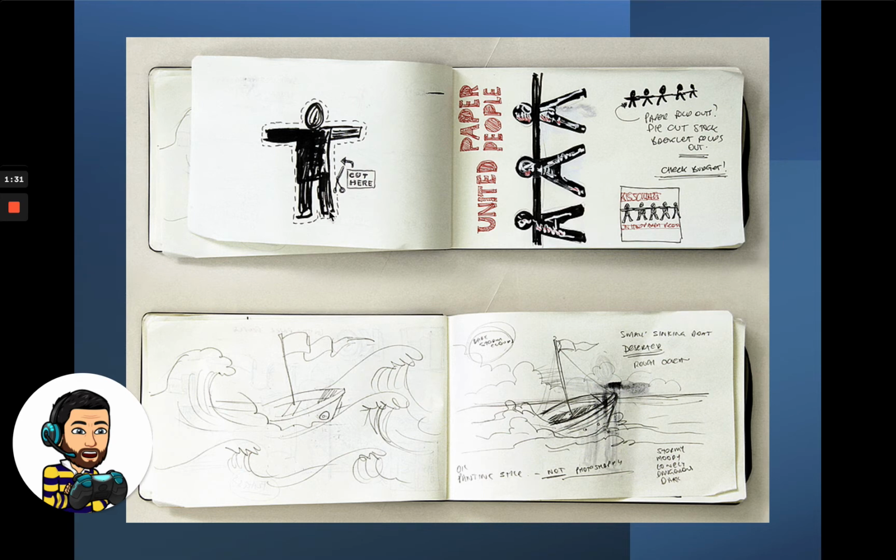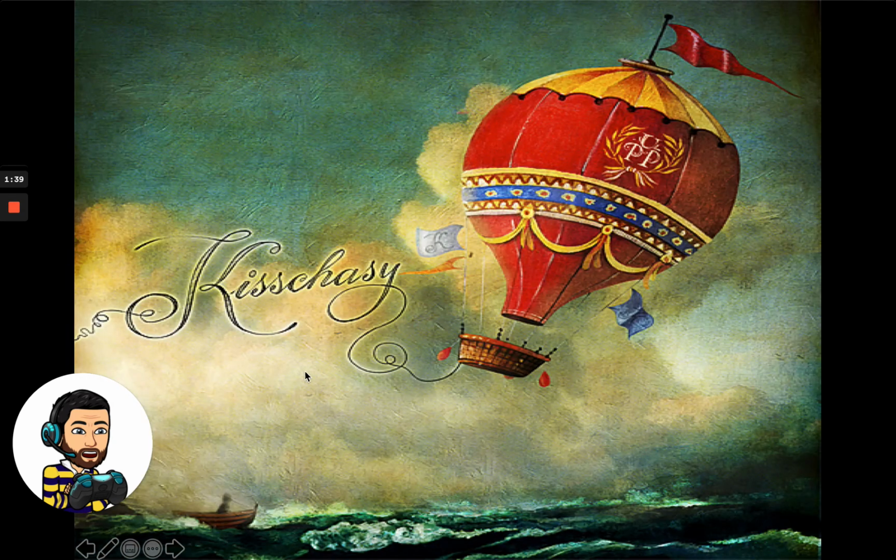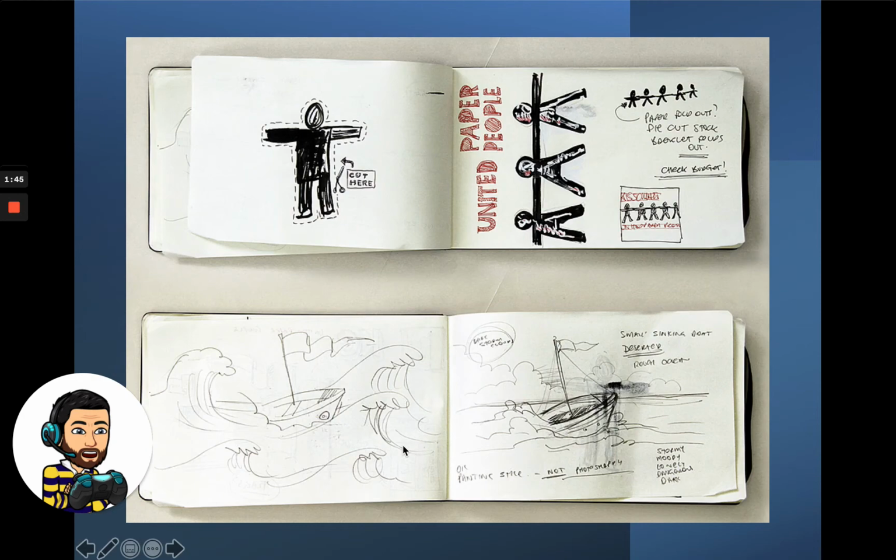At the bottom here are some very rough sketches to explore different compositions, and if you look back in here, you can see the boat in the final one, and the initial sketches of what that could look like. There are also some notes about mood, and about technique, oil painting.